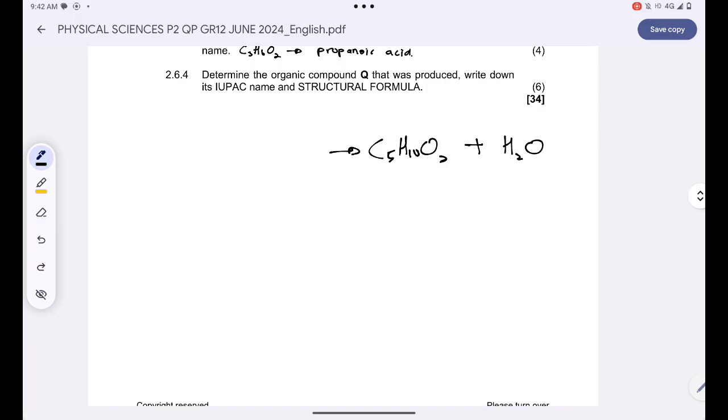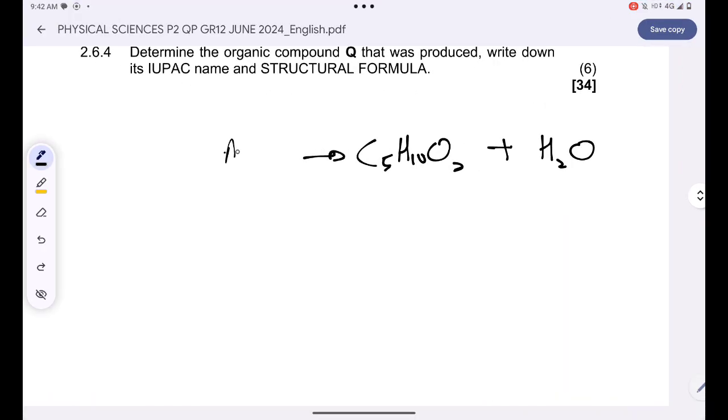But please note that we had alcohol P plus compound E. We just found compound E to be equal to C3H6O2. Are you together?